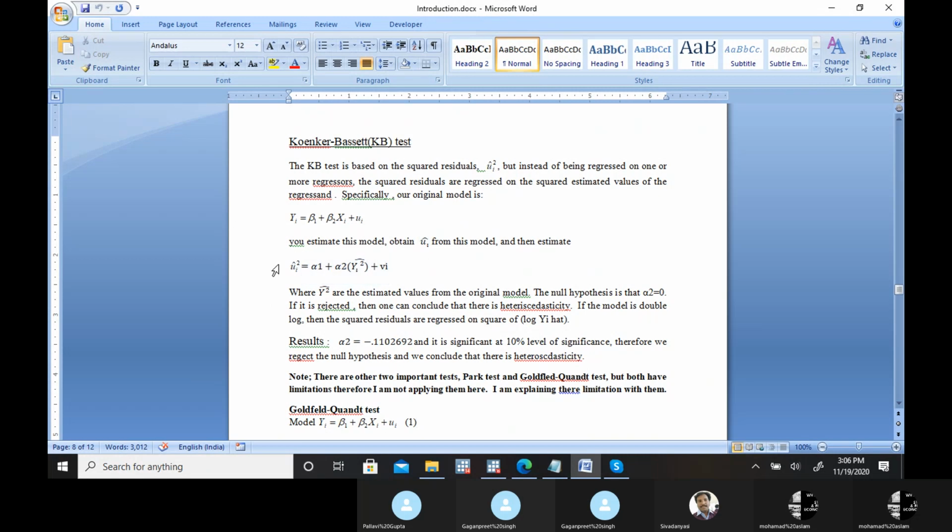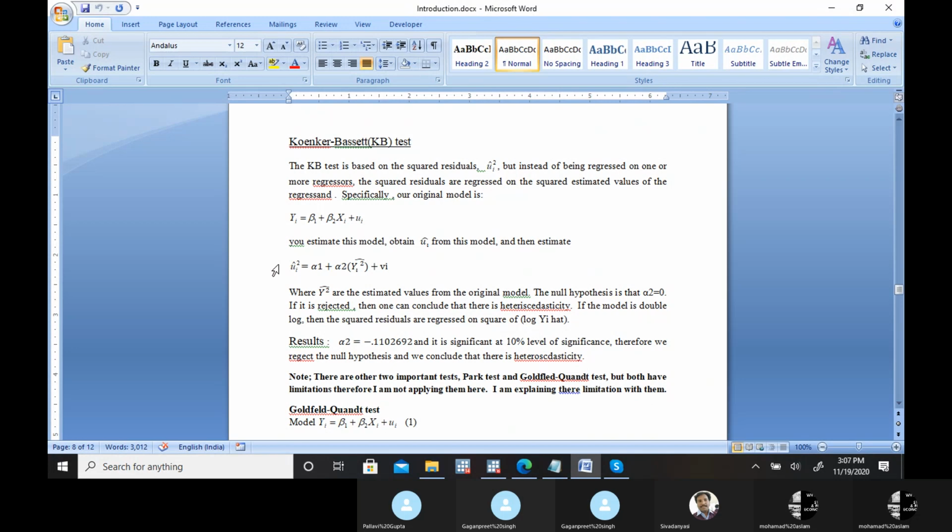This is another type of formal testing method. So here, in place of testing the relation between U hat or U hat square with all the X variables, indirectly we can check this relation with the Y hat. So in this particular test, they tested this thing with the Y hat square.